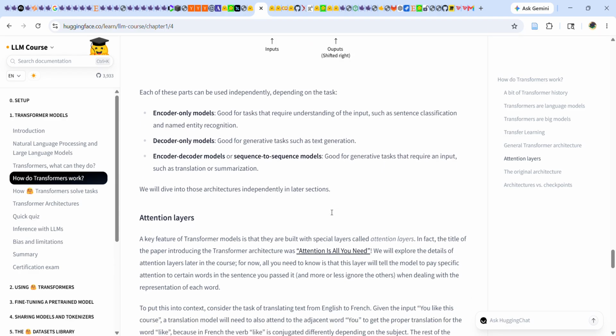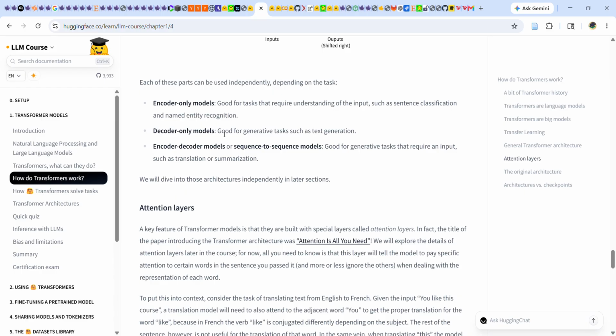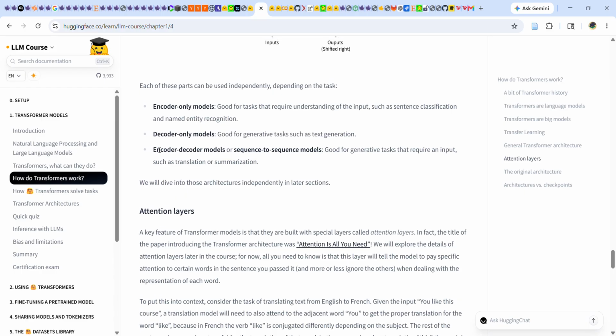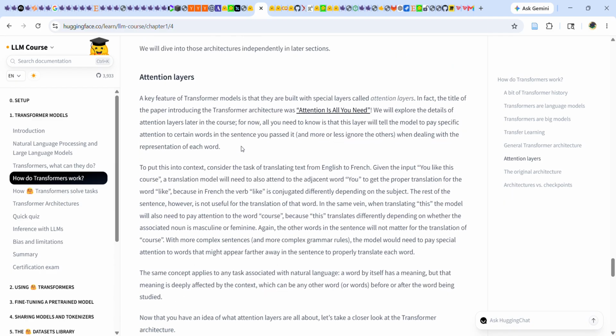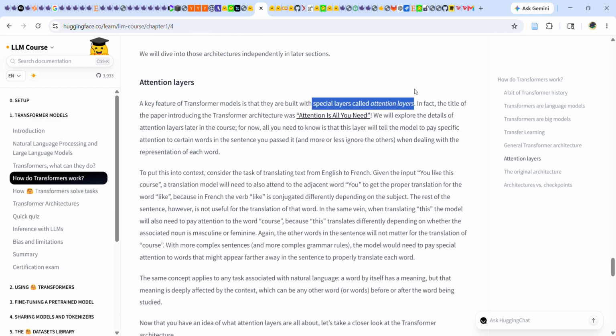We have encoder-only models, which are good for tasks that require understanding of the input, and decoder-only models, which are for generative tasks. And encoder-decoder models are for generative tasks which require an input, such as translation and summarization. A key feature of transformer models is that they are built with special layers called attention layers.